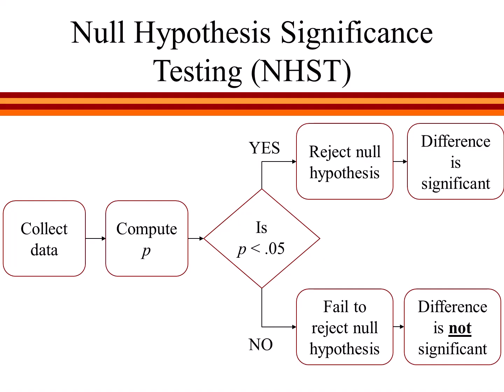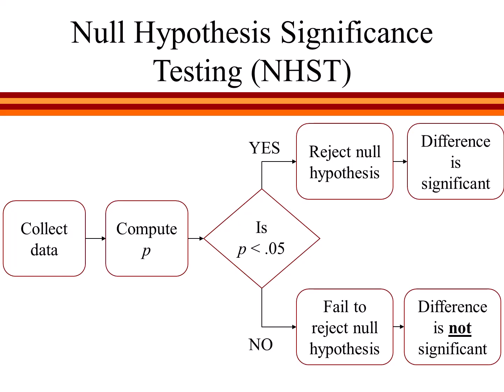How likely is it that we would have gotten the data we did if the null hypothesis were true? If we get a low enough p-value, that is less than 0.05, then we can reject the null hypothesis and conclude that there probably is a real effect, a real relationship. If, on the other hand, we obtain a p-value higher than 0.05, we would fail to reject the null hypothesis and therefore fail to find evidence of a real or meaningful effect or relationship.